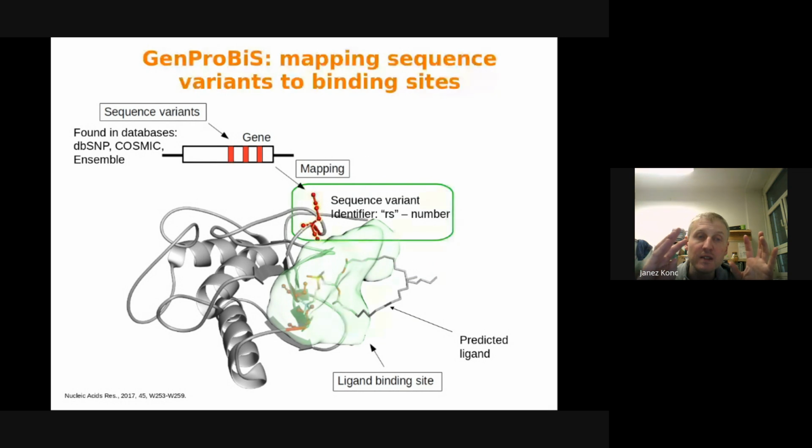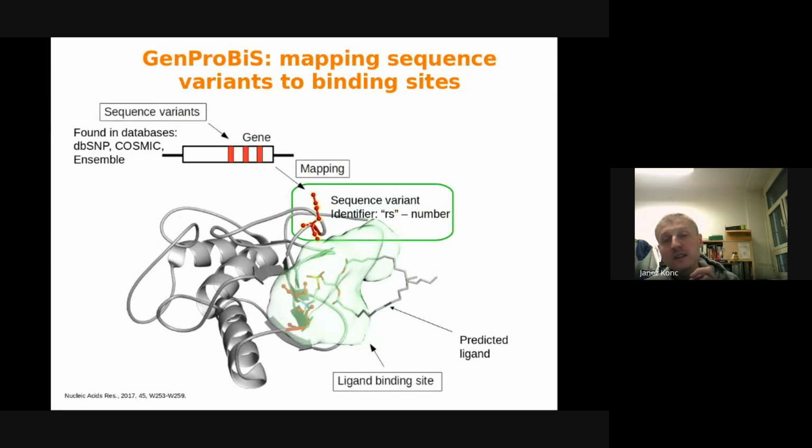So we start with a sequence variant, we go from there to the gene, which is a mapping that is already known, and then we map from genes to structures using the ProBiS web server, mapping the sequence variants onto the structure of a protein.